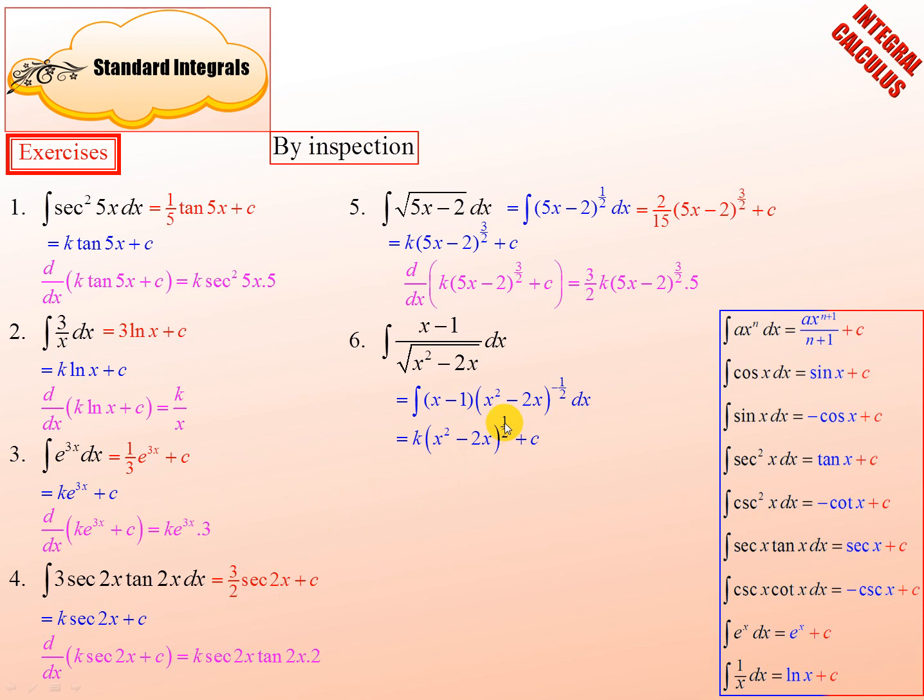If we differentiate that, we get half k to the minus half. That looks right. Differentiate it. There it is there. Compare it to that there. Well, we have the x minus 1. We have the x squared minus 2x square rooted in the bottom, so therefore 3k is the same as 1. So k is 1/3. So there is our integral.